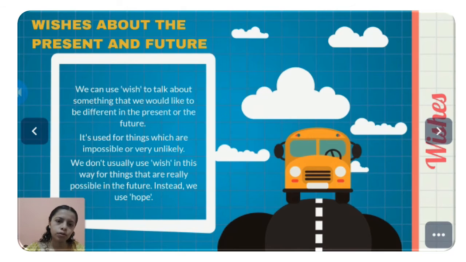We can use wish to talk about something that we would like to be different in the present or the future. It's used for things which are impossible or very unlikely. We don't usually use wish in this way for things that are really possible in the future. Instead, we use hope.